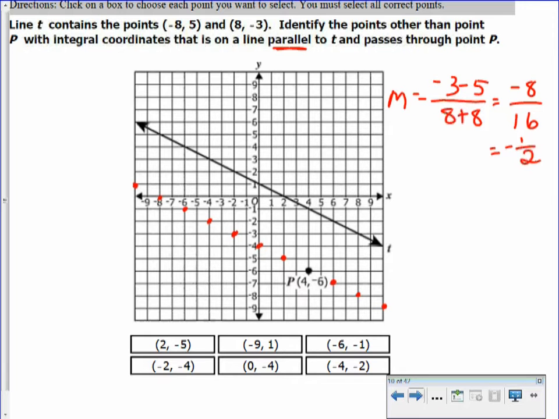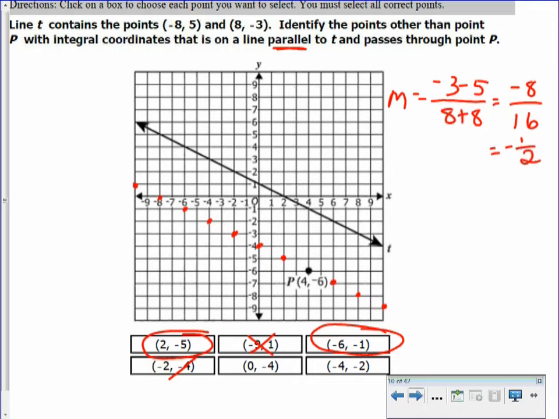So now we just need to check these ones at the bottom to see which ones of them actually work. So the first one is 2, -5. Is 2, -5 one of my values? Yes. Is -9, 1? No. -6, -1? -2, -4?